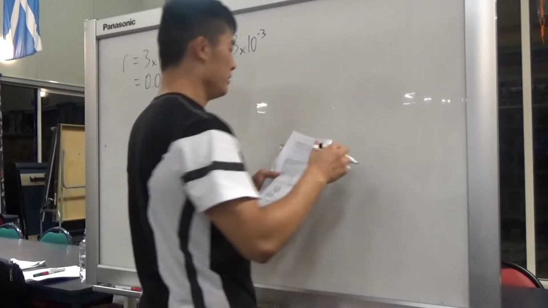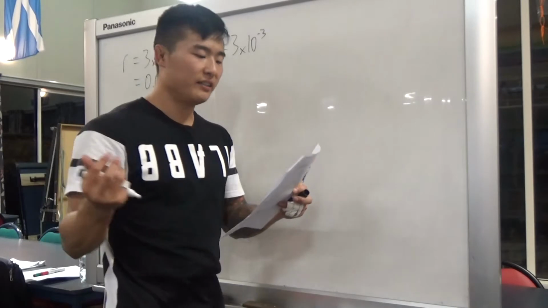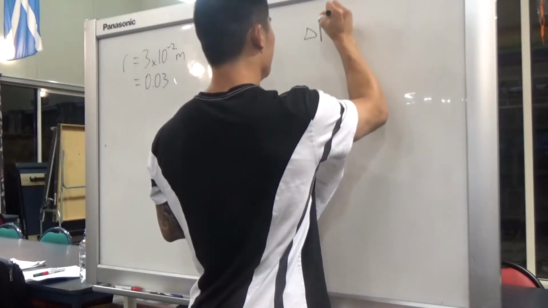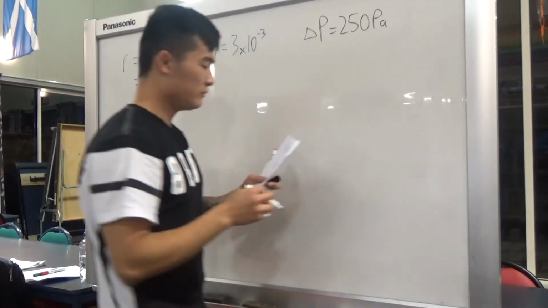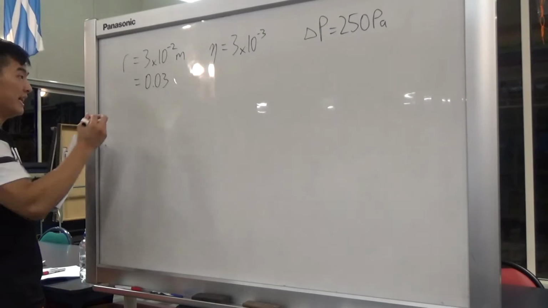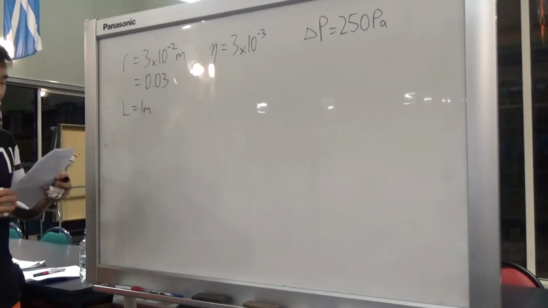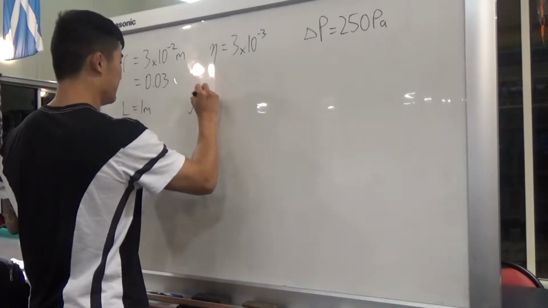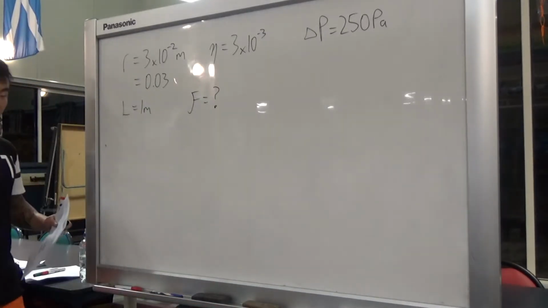And then our change in pressure. It says the fluid pressure drops by 250 pascals, so that's the change in pressure. Delta P is equal to 250 pascals. And the length is 1 meter. And what we want to find out is the volume flow rate, so question mark.